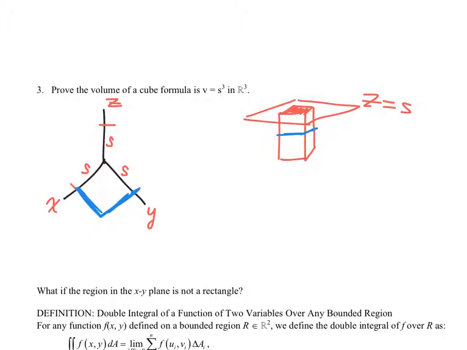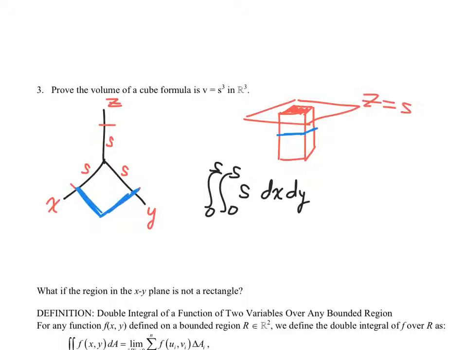When I find my double integral, I have my z equals s equation, constant. It wouldn't matter if I go with dx or dy. I want to go in the x direction from 0 to s, and in the y direction from 0 to s.